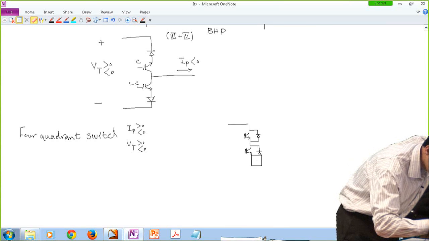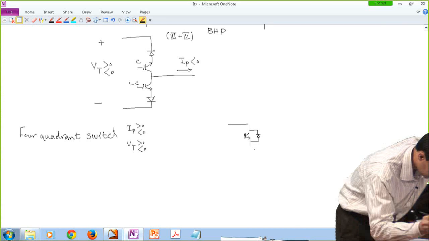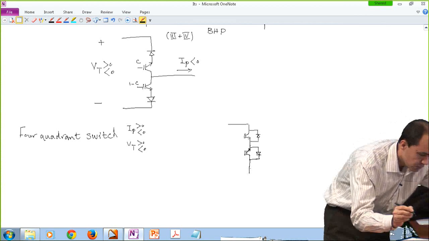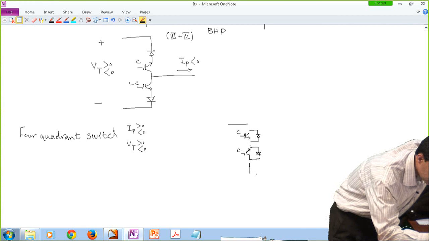Oops, this is not supposed to look like this. Alright, so this is going to be just one of your throw switches, and these could be turned on together, it doesn't matter.